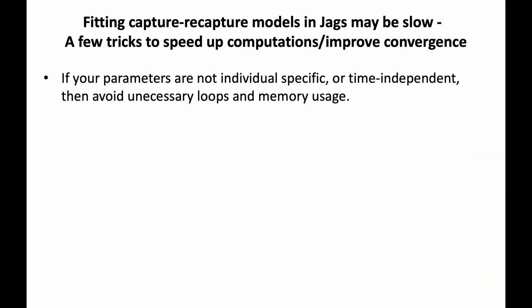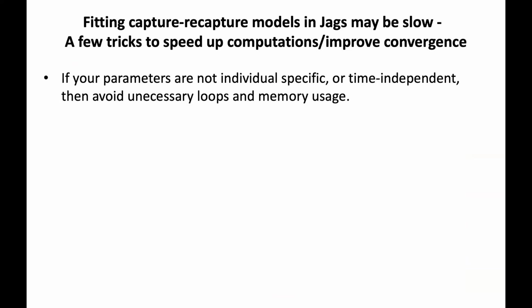The first thing, which we've seen in the exercise: what we showed you is a general structure, and then you apply linear constraints and you get simpler models. But in practice, if in your analysis you're just interested in constant parameters or just temporal variation, then you don't need the individual dimension.